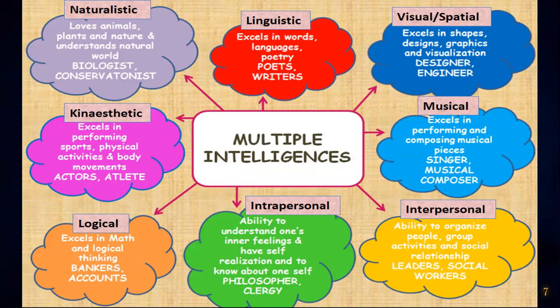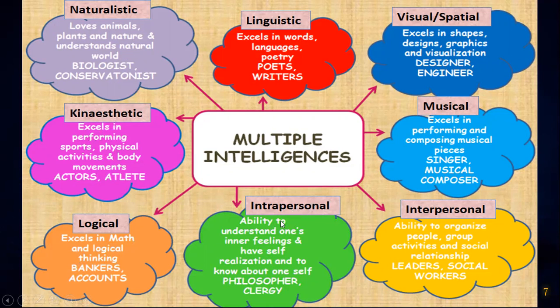According to Gardner, the naturalistic intelligence loves animals, plants, and nature, and, for example, kinesthetic excels in performing sports, physical activities, and body movements. The person could be an actor or an athlete. The logical intelligence excels in math and logical thinking.